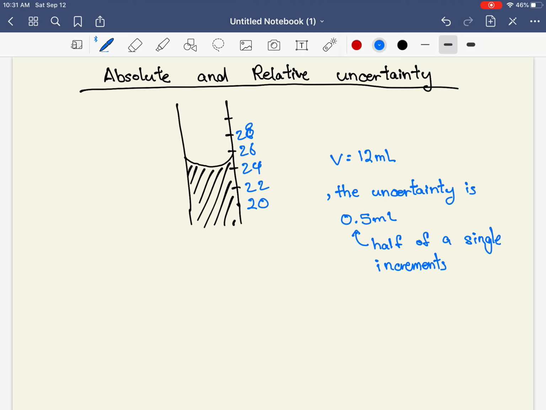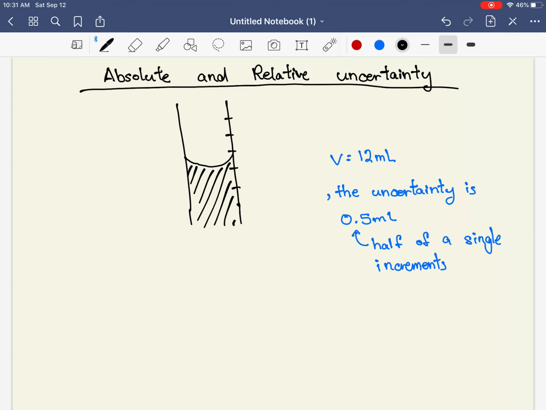As you can see, the incrementation here is going up by 2. So the uncertainty in this case will be 1 milliliter. I hope you know what I mean, but if you don't, make sure you ask me. I'm always there for questions at all times.